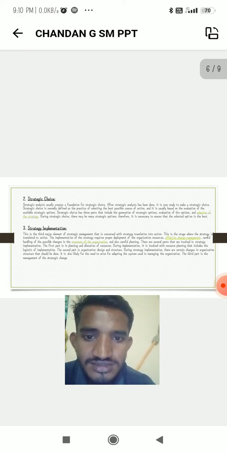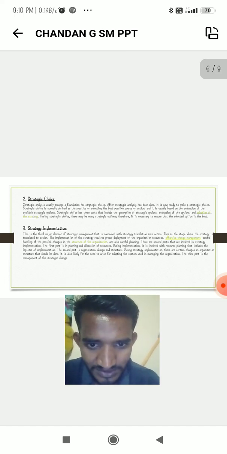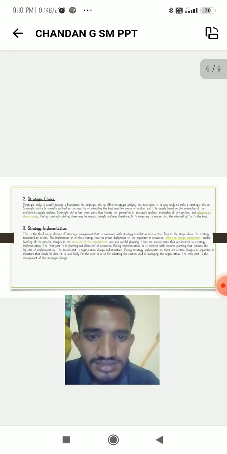Strategic choice has three parts that include the generation of strategic options, evaluation of options, and selection of the strategy. During strategic choice, there may be several strategic options. Therefore, it is necessary to ensure that the selected option is the best for strategy implementation.